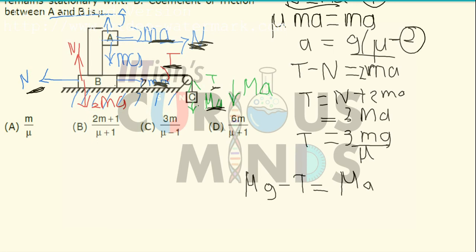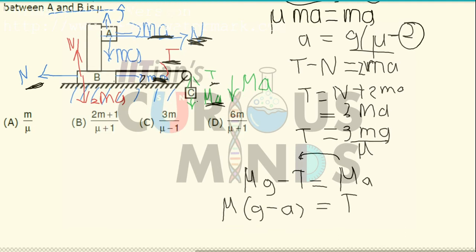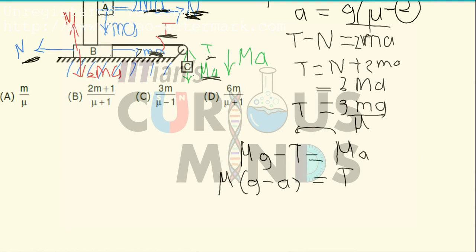I have to calculate the mass capital M. So capital M times g minus a, I will shift this to the left hand side, will be equal to tension. Now first of all a is given as g by mu, and the tension over here is given as 3mg by mu.